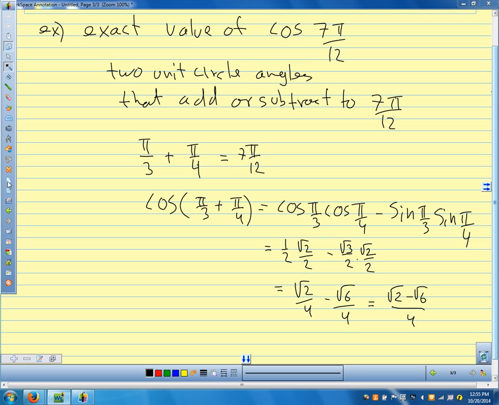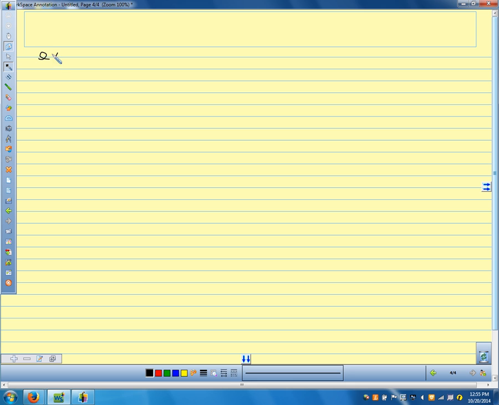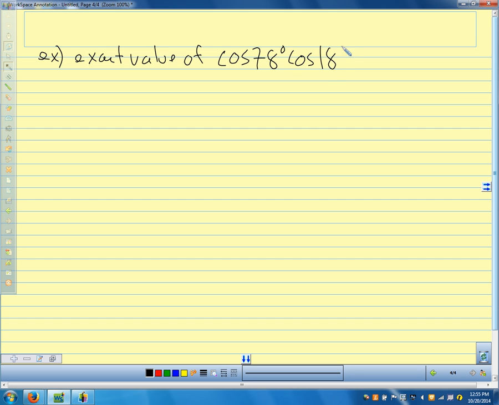Okay, let's look at one of these in reverse. We want the exact value of the cosine of 78 degrees times the cosine of 18 degrees, plus the sine of 78 degrees times the sine of 18 degrees.